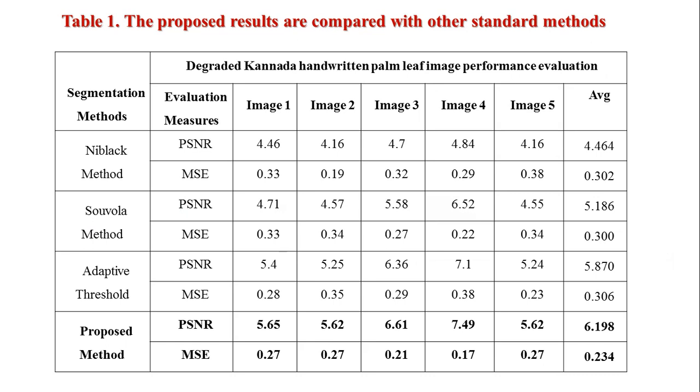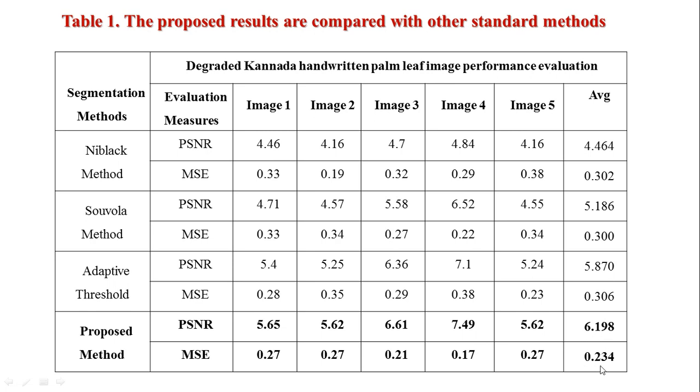This table shows the experiments we have done with the Niblack method, Sauvola and adaptive thresholding, and our proposed method. The Niblack method has a PSNR average value of 4.464 and an MSE value of 0.23; Sauvola 5.18 and 0.30; adaptive thresholding 5.87 and 0.306; and our proposed method got 6.198 and 0.23.